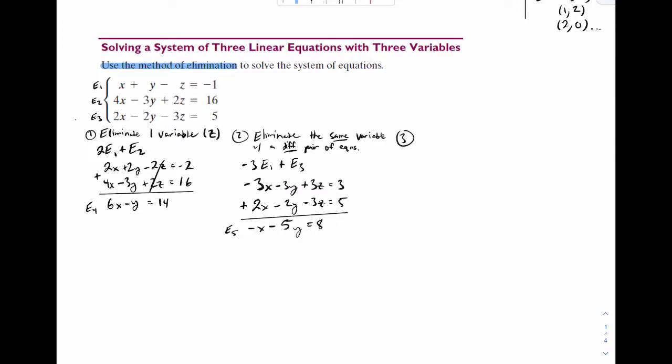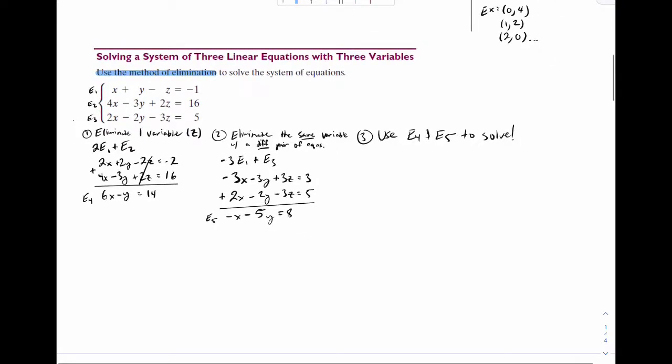So for step 3, you just use E4 and E5 to solve. That's always your goal. Whenever you have a 3-variable system, you're trying to get rid of one of them to get to a simpler system like this. So looking at this, let's follow our same patterns.